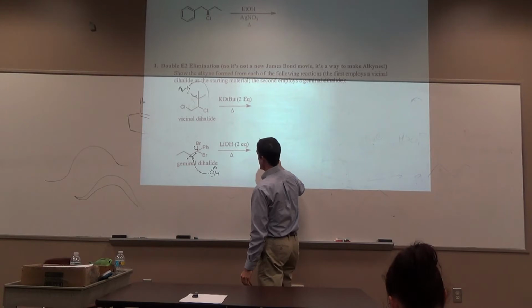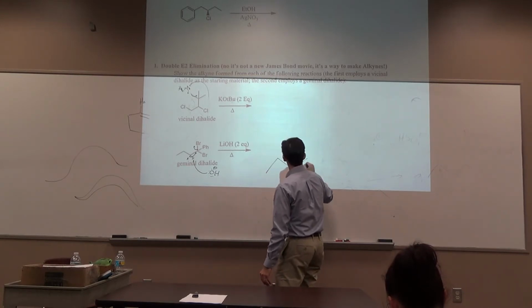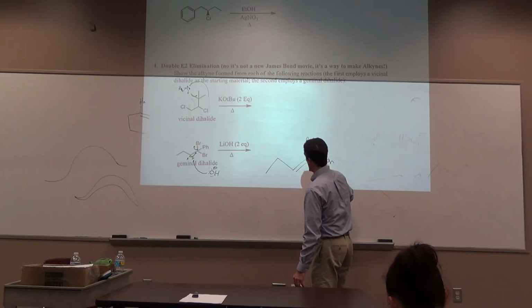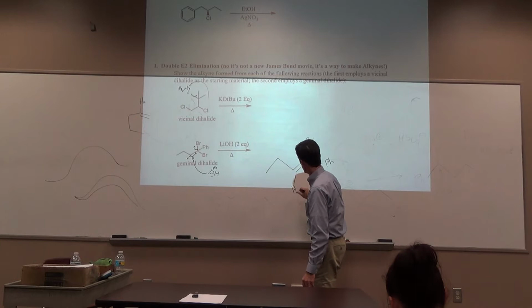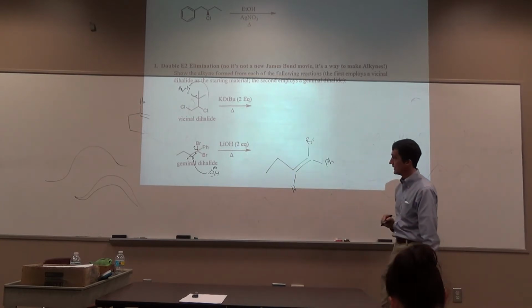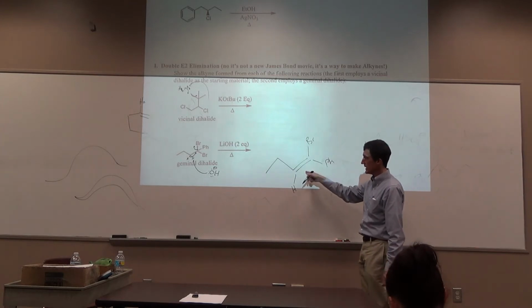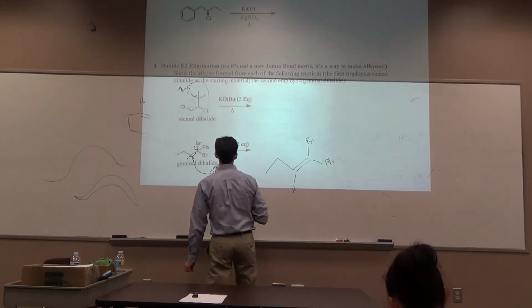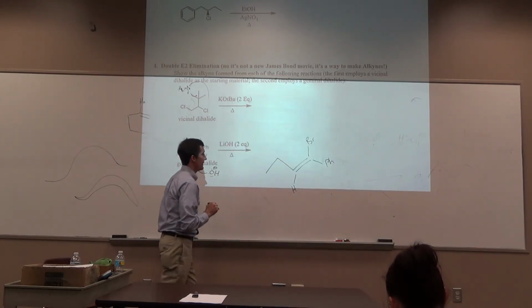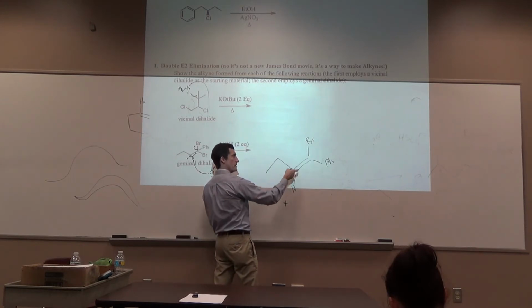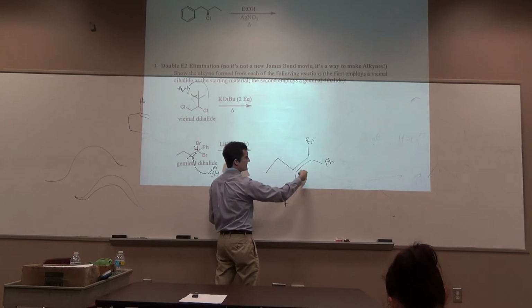If you do this elimination, you're going to get, actually, what do you get first? It's going to have one bromine, one phenyl, and one H remaining. Now, this has potential for also being the other stereoisomer, because this alkene here is what?